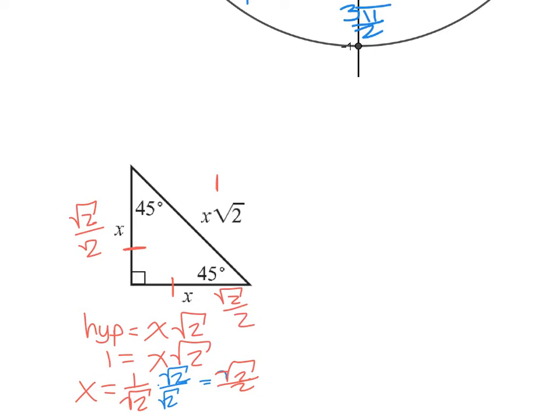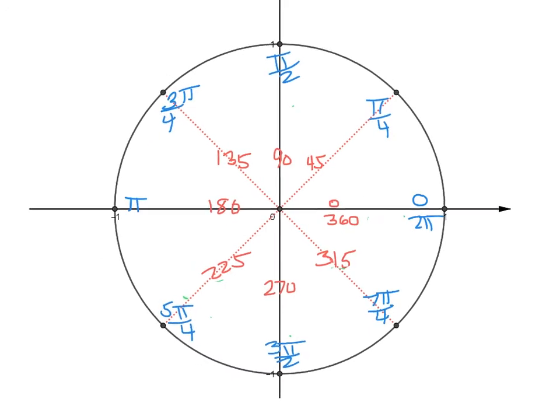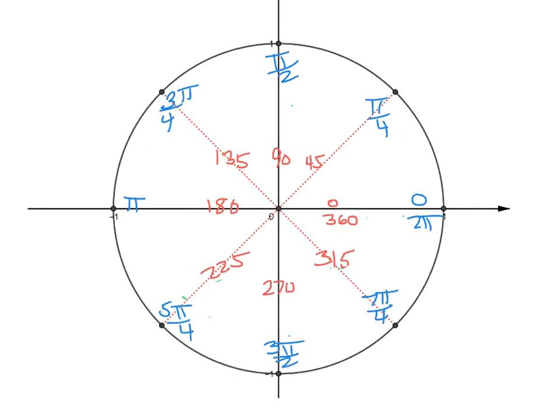So if we go up to that unit circle, we're going to just adjust the signs for whatever quadrant we end up being in. So the first angle, 0 degrees or 360 degrees, the location of that point is going to be 1, 0. And at pi over 4 radians, we're at square root of 2 over 2, square root of 2 over 2.